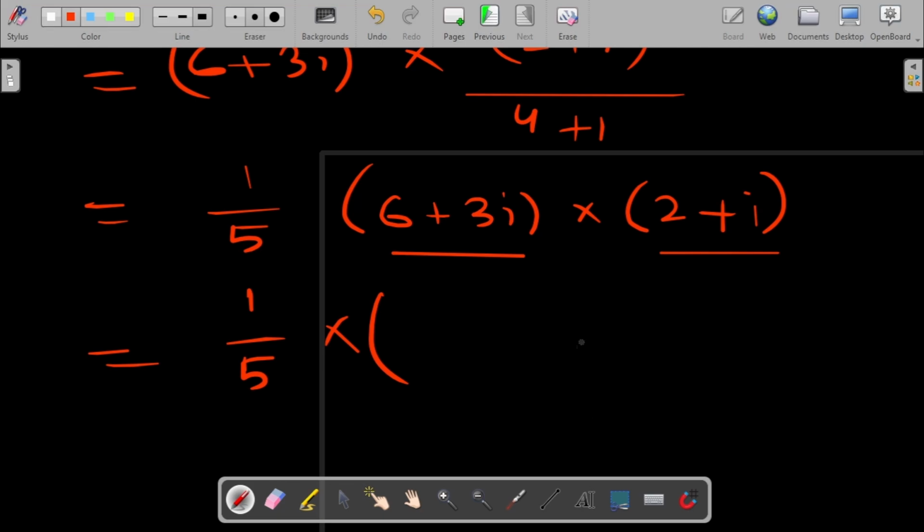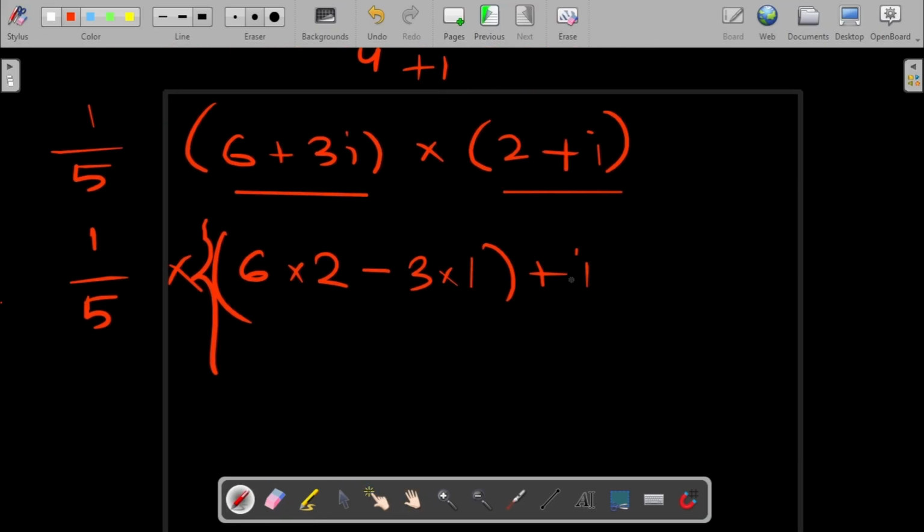So if I use the direct formula, a multiplied with c, here a is 6 multiplied with c is 2, minus b multiplied with d. So b is 3 and d is what? d is 1. Plus i times (a multiplied with d.